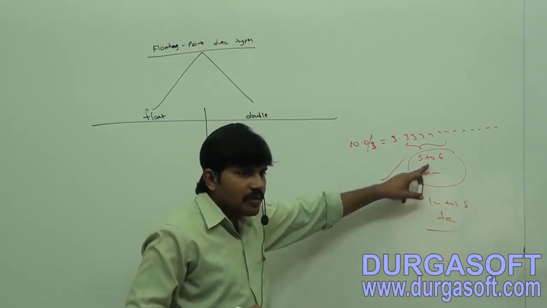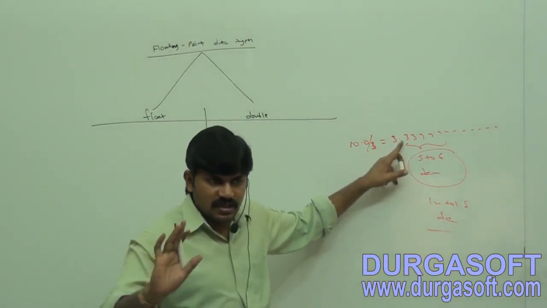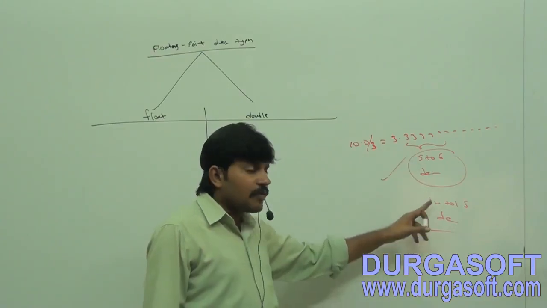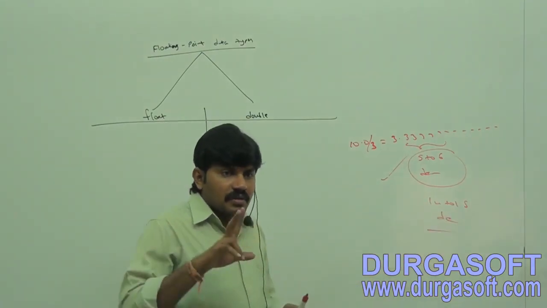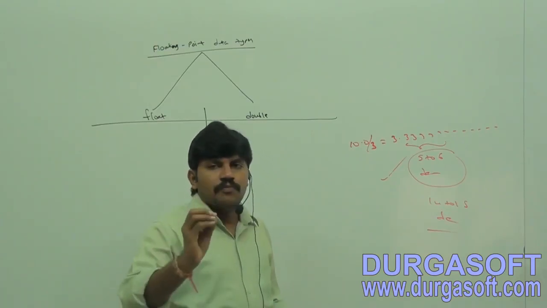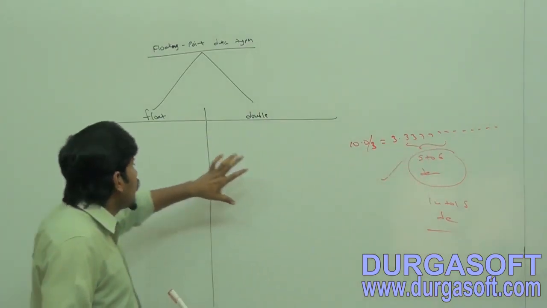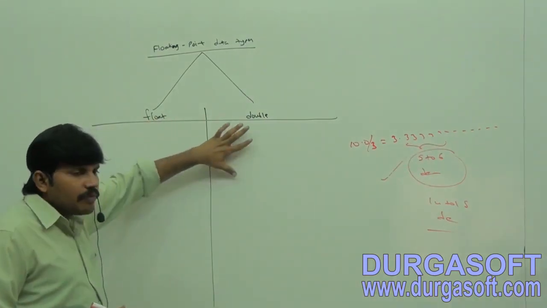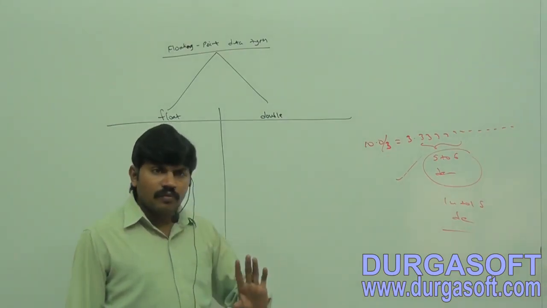Sir, less accuracy, more accuracy. Just after the decimal point 5 digits are enough, or 6 digits are enough. But sometimes after the decimal point 14 digits are required, or 15 digits are required. So observe, if you want 5 to 6 decimal places of accuracy, then we should go for float. If you want 14 to 15 decimal places of accuracy, then we should go for double.